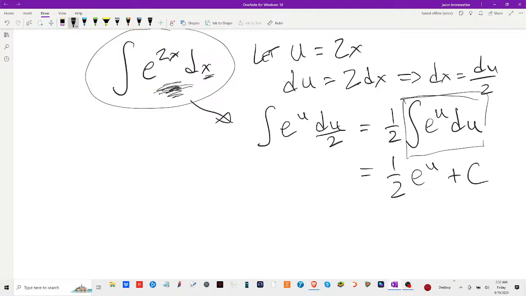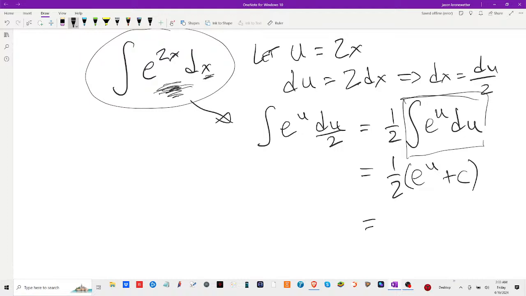Now, in case somebody's following along going, wait a second, time out, it's 1/2 times the whole thing. So let's do it properly and explain how that works. I have 1/2 times the integral that I know, which is the integral of e to the u du. That's e to the u plus c. So technically I have 1/2 times that.